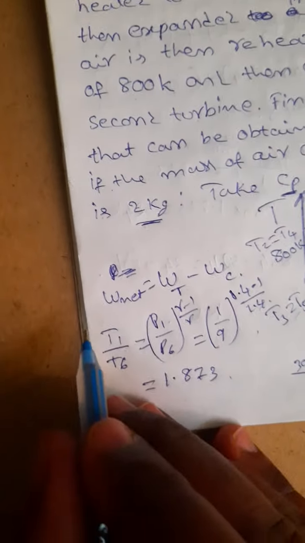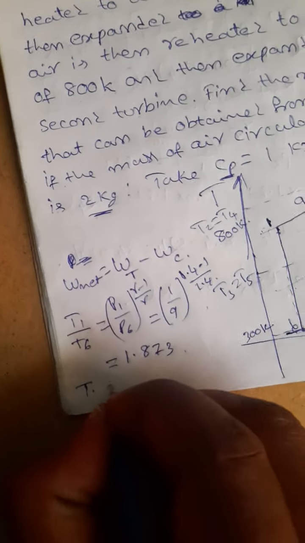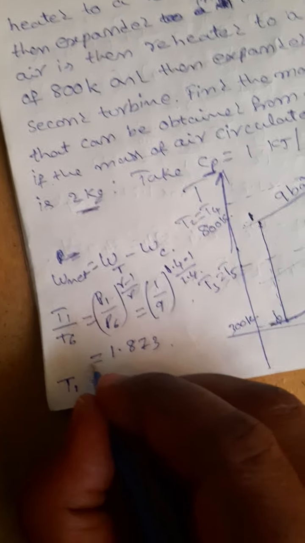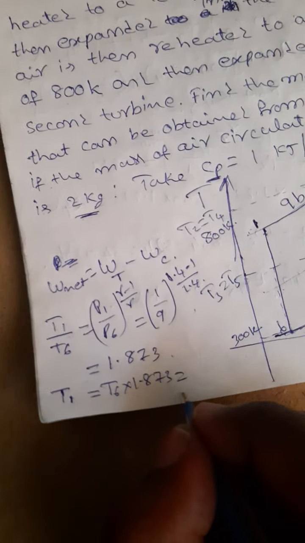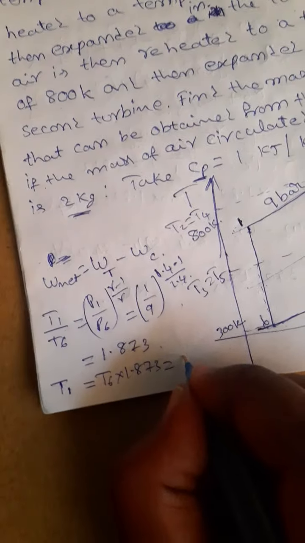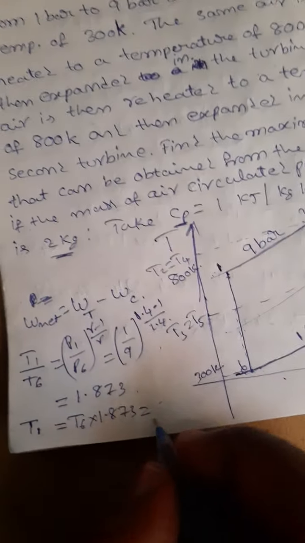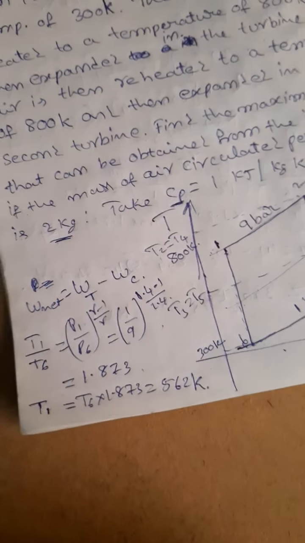So for calculating the temperature, T1 equals T6 into 1.873, we'll get 562 Kelvin.